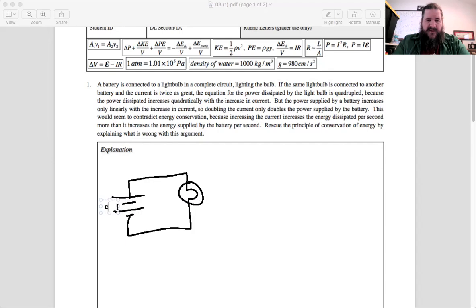The light bulb has some resistance, and this causes some current to flow, presumably from the positive terminal of the battery around the circuit. So that's the current.